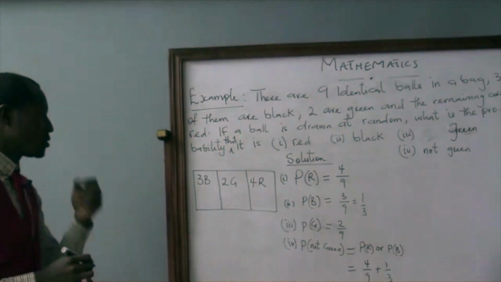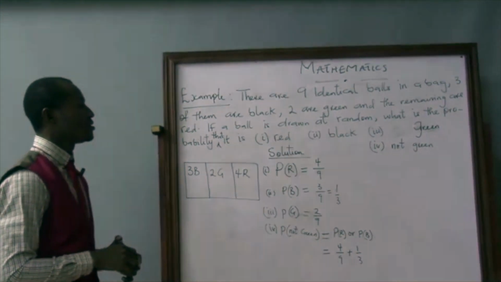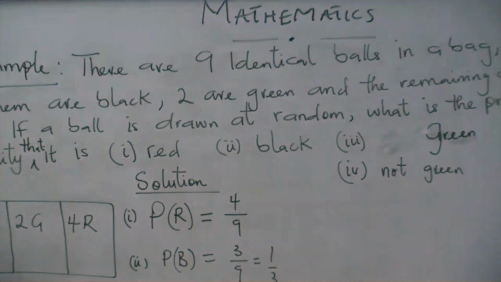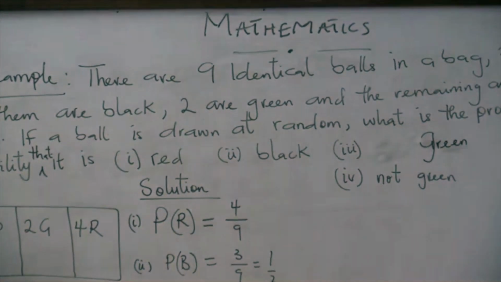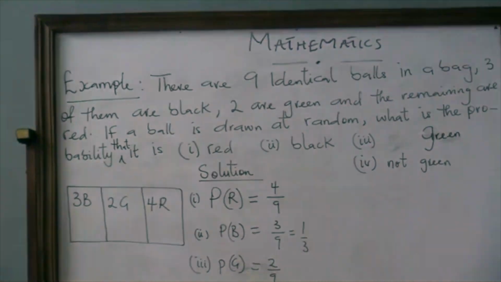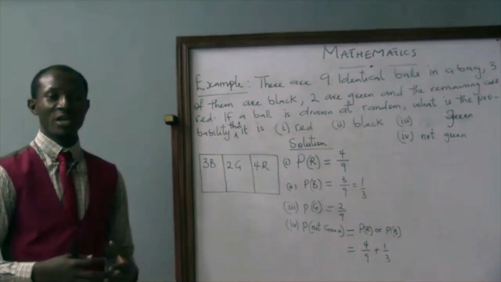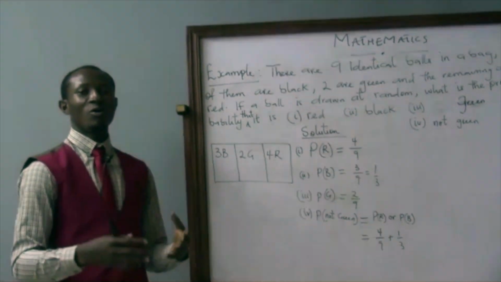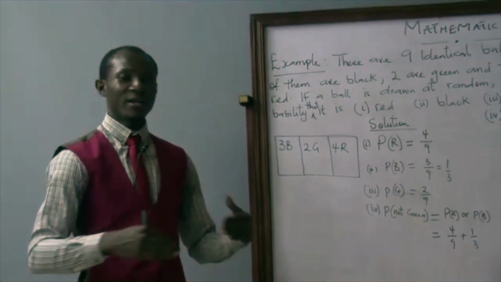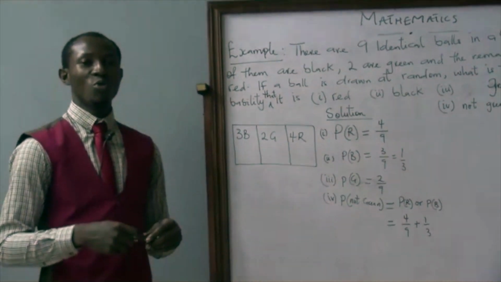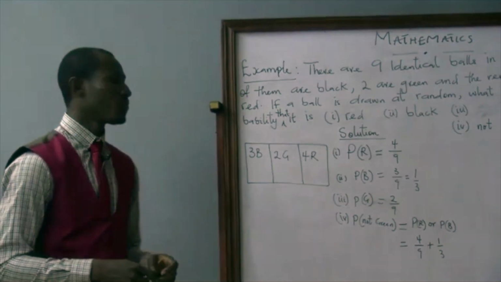That's number 1. Number 2, black. Number 3, green. Number 4, not green. If we go by the definition earlier, the probability that an event will occur is the number of favorable outcomes divided by the total possible outcomes. We are going to always use this information.